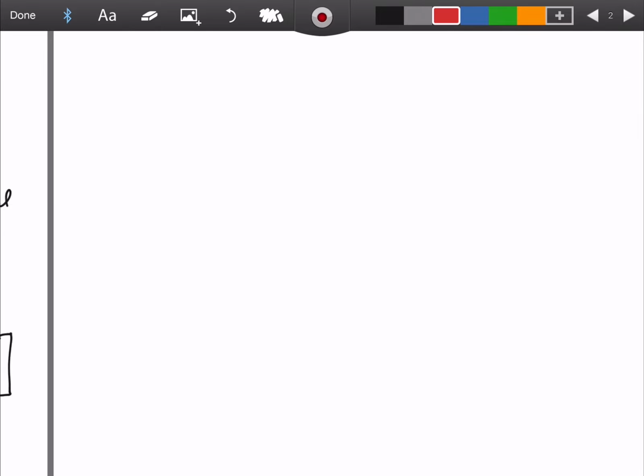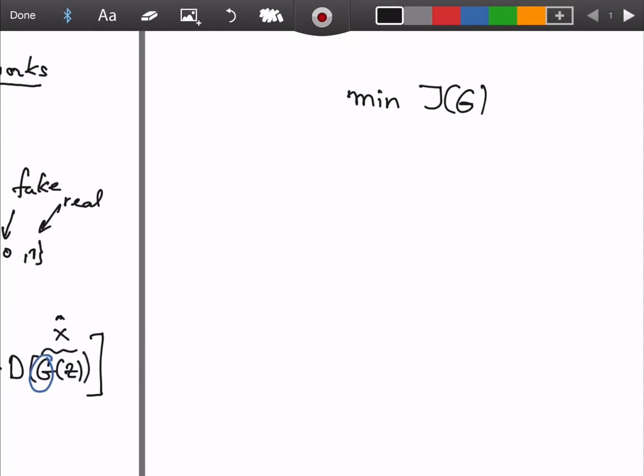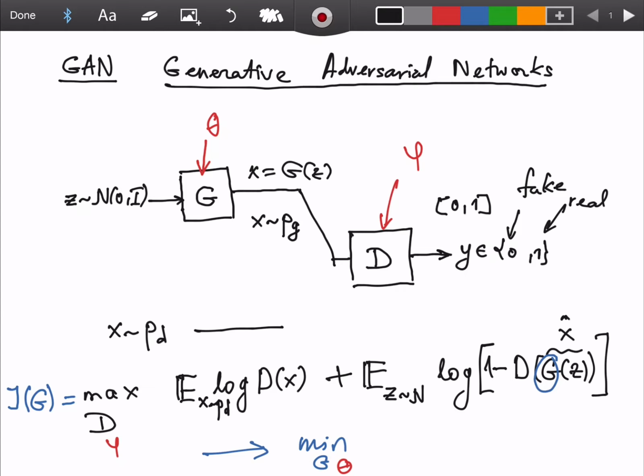So again, our training is done in the following way. We are first building this score J(G), and the generator has an adversary. This adversary, the discriminator, this D, plays as well as it can. That's why we're doing this maximization. Given the generator, it tries to maximize its performance as a detective, right?